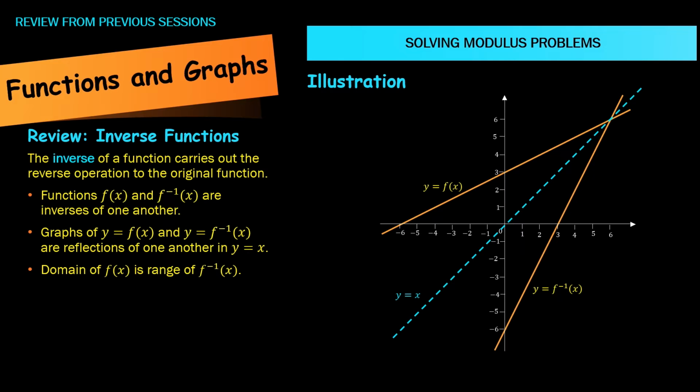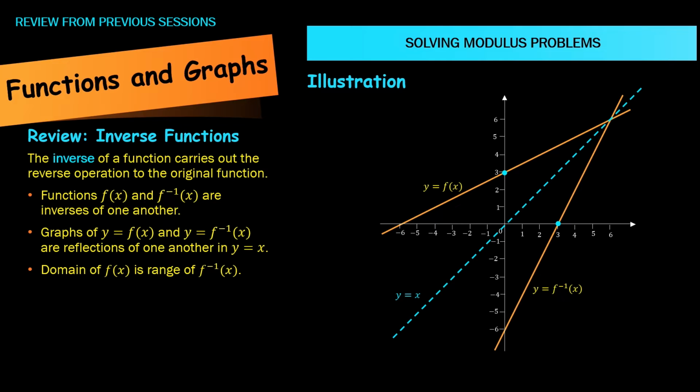The domain of f of x is the range of f inverse of x. So, for example, as you can see on the graph, there is a point 0, 3 on the line y equals f of x. This is reversed in y equals f inverse of x.